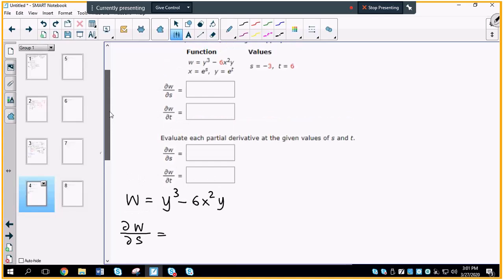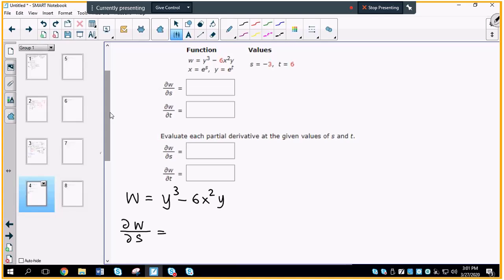So if you think of y cubed and you're trying to find the partial derivative of y cubed with respect to s, you will first derive y cubed with respect to y. So I will say that this is going to be 3y squared times, you will take the derivative of y with respect to s. So that will be del y del s.